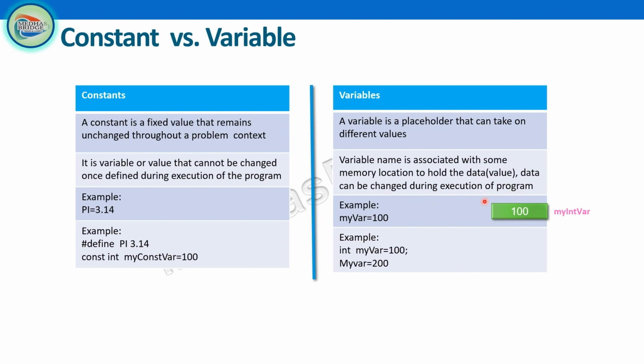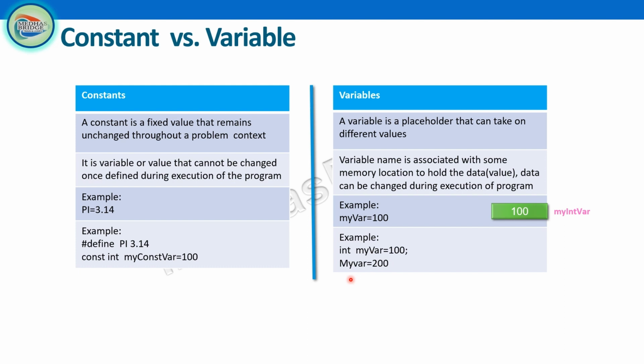For example, I define a memory location, name it myVariable and assign 100. During the program execution, I may need to modify this variable value. For example, int myVariable = 100. Later, I might reassign a new value to it.